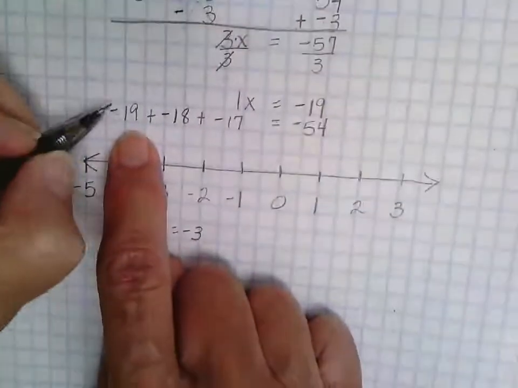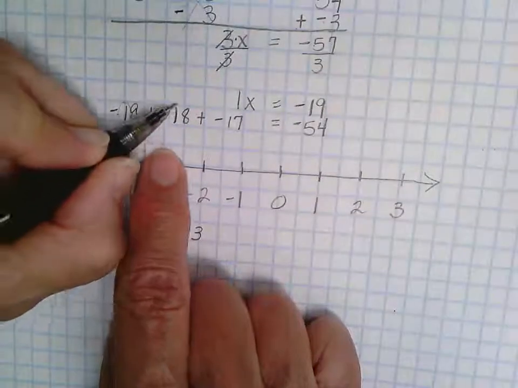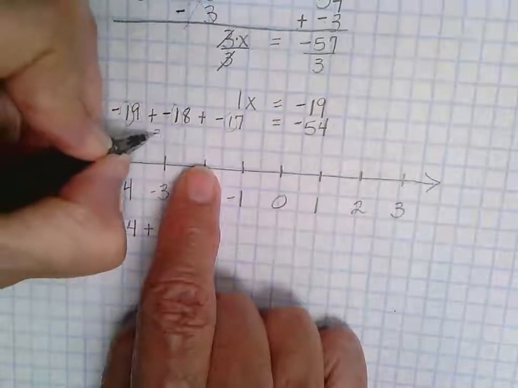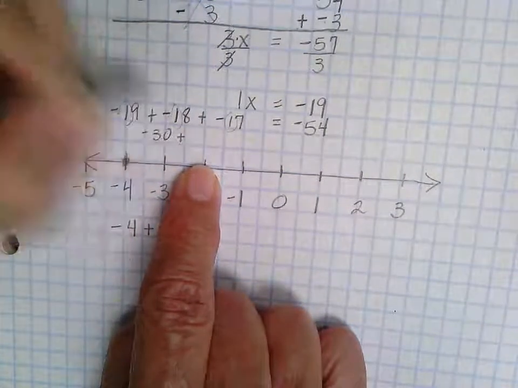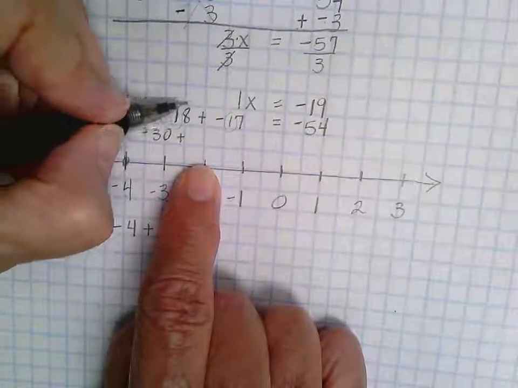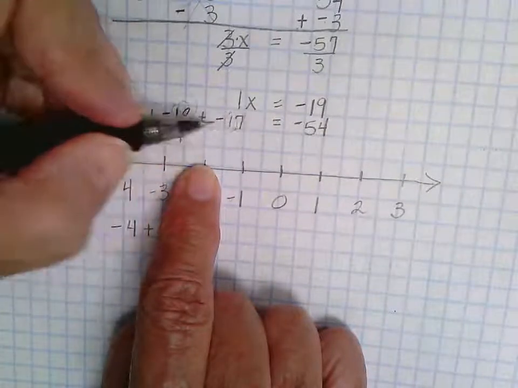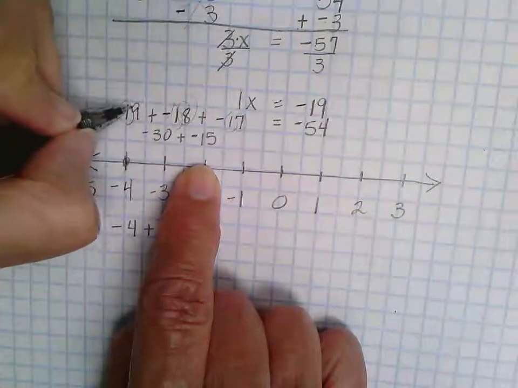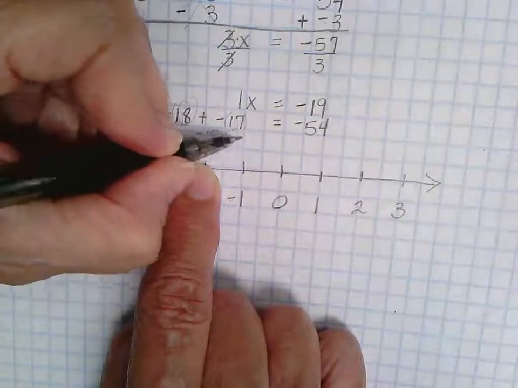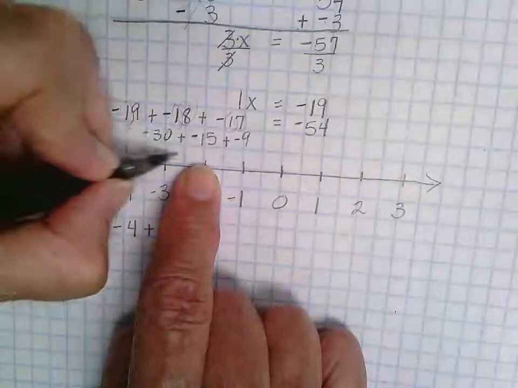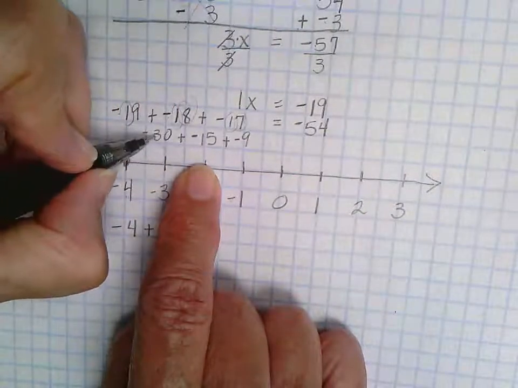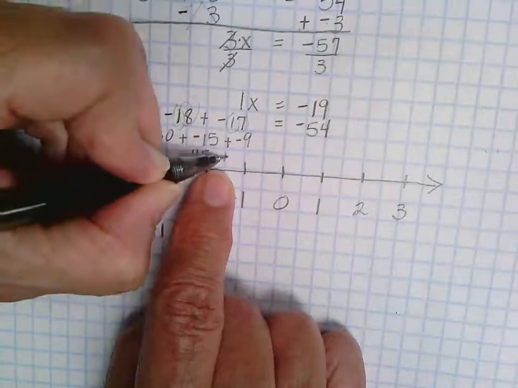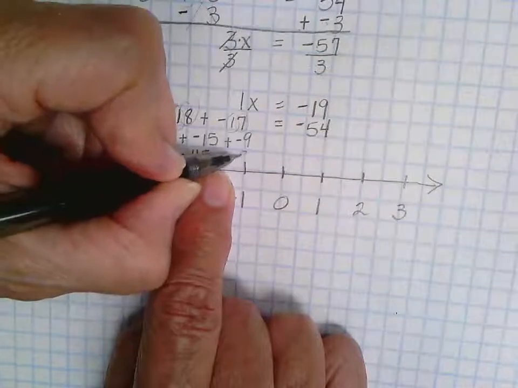So when I add, I've got -10, -20, -30. And then when I add my ones, I have -8 and -7. That's -15. And then I have a -9 to add to that. Well, when I combine these together, I'm going to get -45 plus a -9.